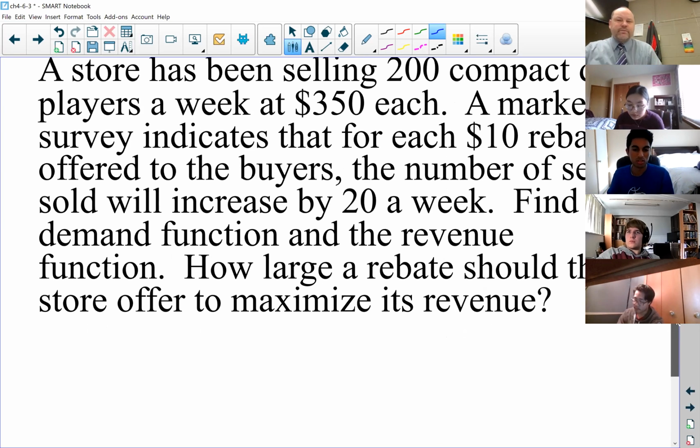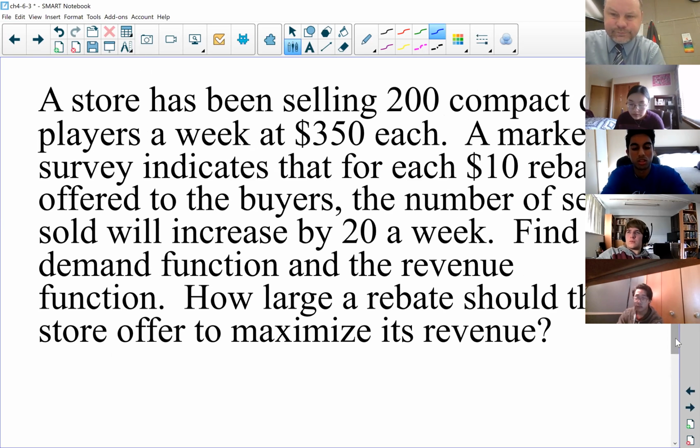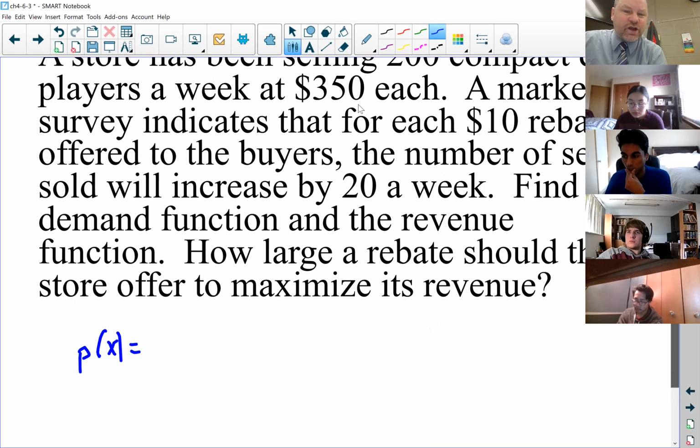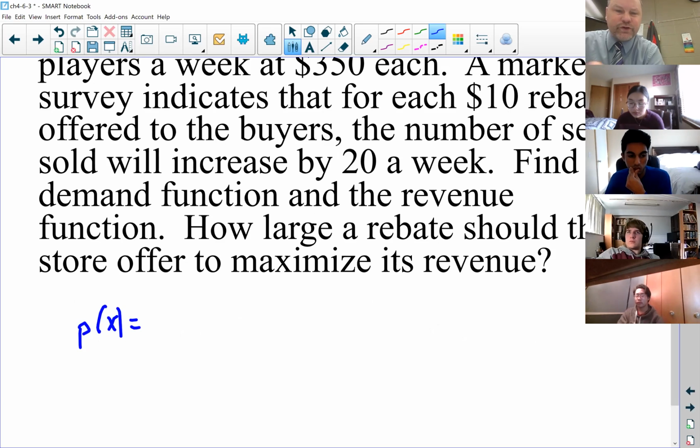So if you need to come up with the demand function, which we have in this case, the demand function is going to be the amount that we charge per unit.